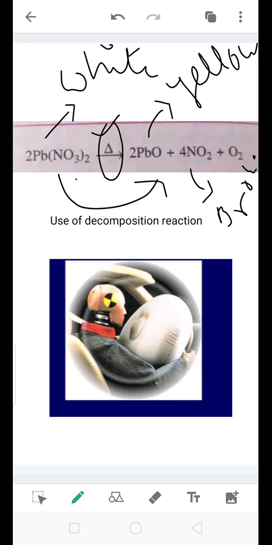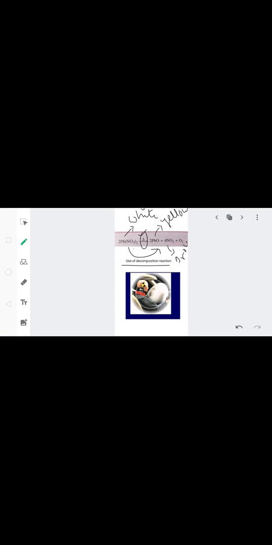Now some uses of decomposition reaction. You are all very much aware of the facilities present in four-wheelers, just like airbags. In an airbag, one compound is present, that is sodium azide, which at the time of an accident rapidly decomposes and gives nitrogen gas, causing the bag to inflate.